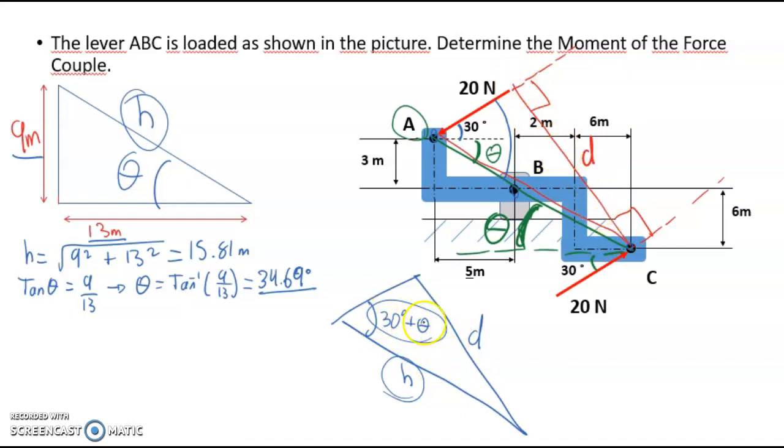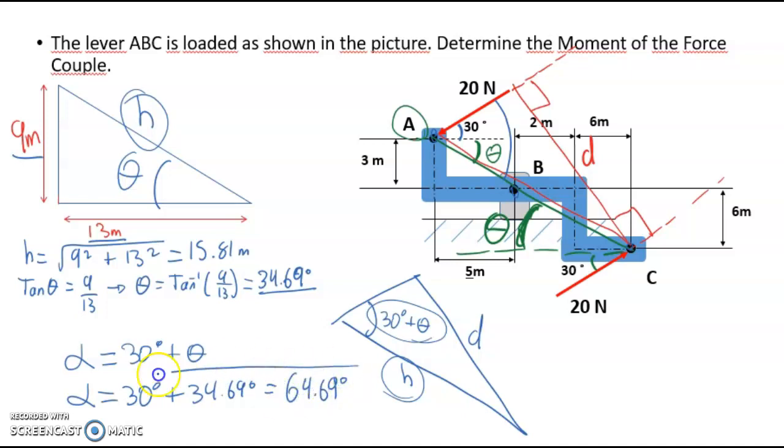Let's find out what this angle is. This angle that I'm going to call alpha is going to be 30 degrees plus theta. Alpha is going to be equal to 30 degrees plus 34.69 degrees. We're going to have 64.69 degrees as my angle alpha, which is going to be right in here.